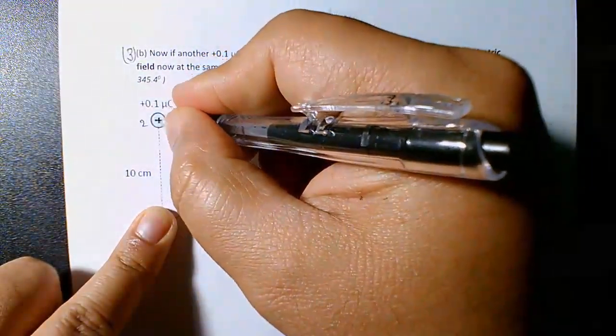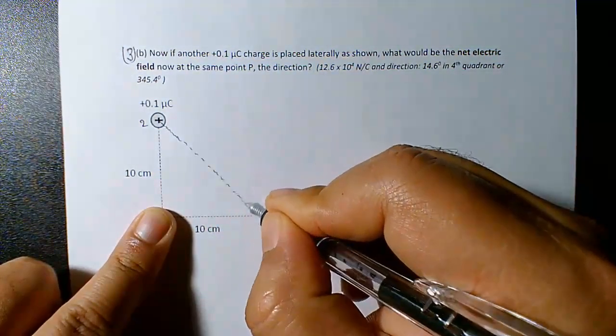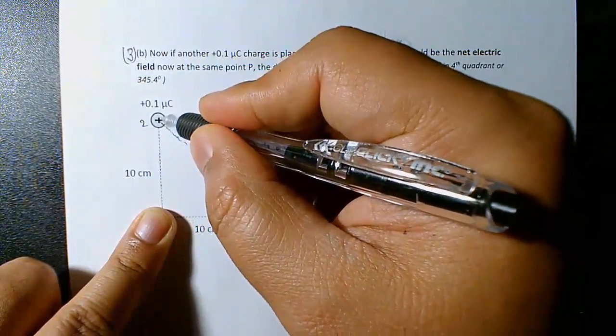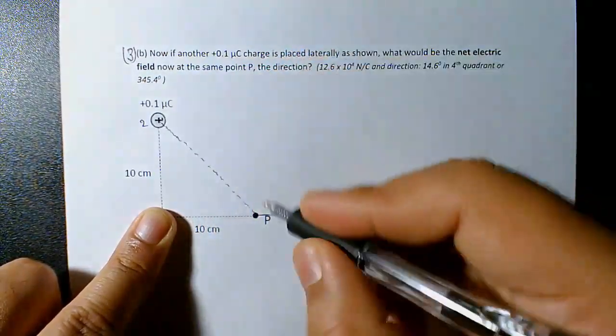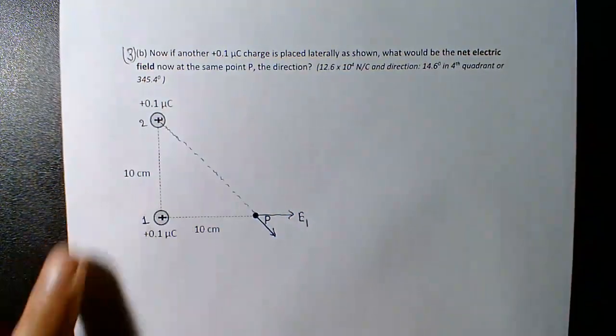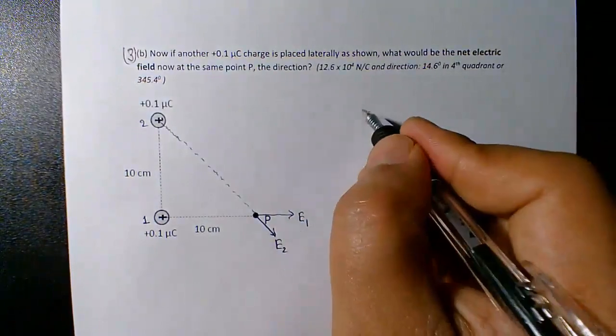Well, you need this lateral distance, you need this diagonal distance, and at point P the electric field produced by charge number 2, which is also positive, is away like this, right? So let's call it E2.